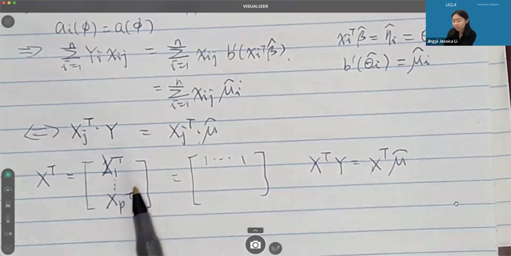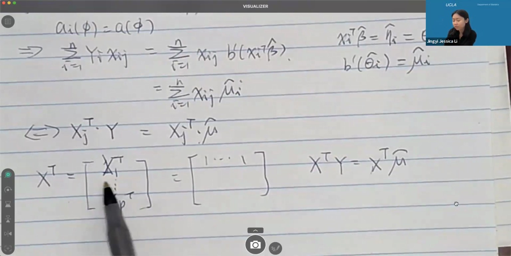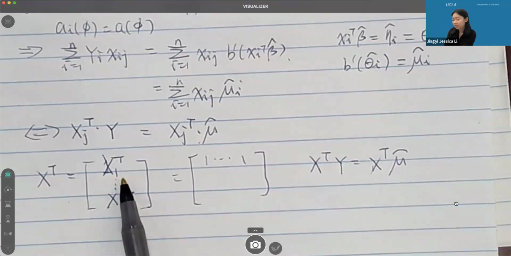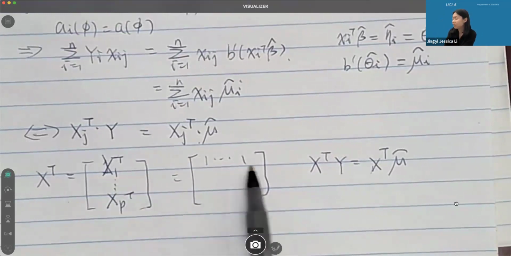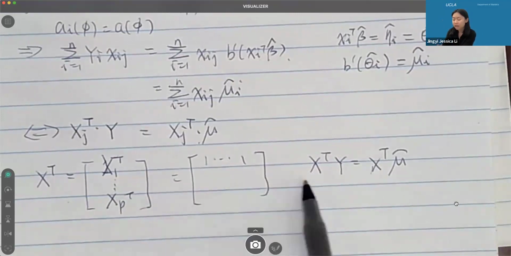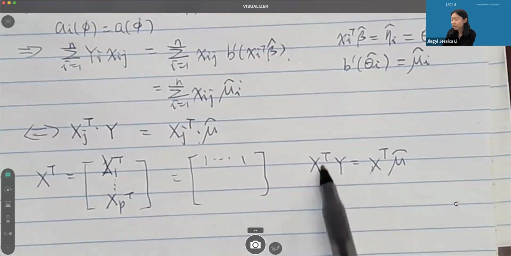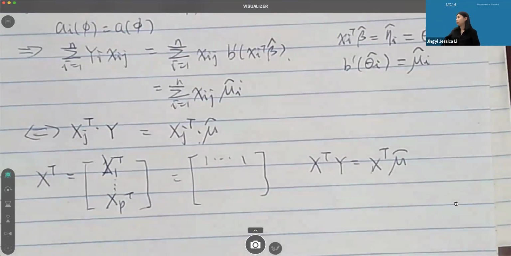With those binary predictors, if one of the columns indicates one level, then you will have ones for the observations in that level and the rest zeros. So that means that if you have categorical variables, then within the level, the sum of yi and the sum of mu i hat are also equal. So we have that matching.